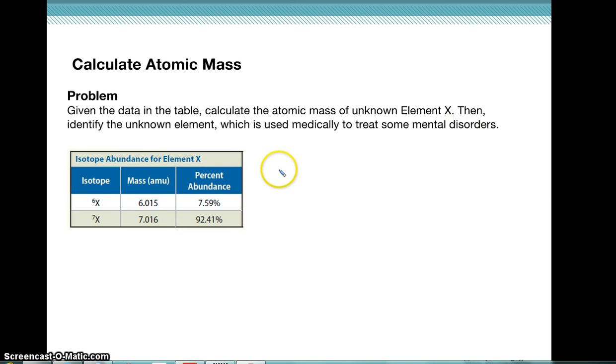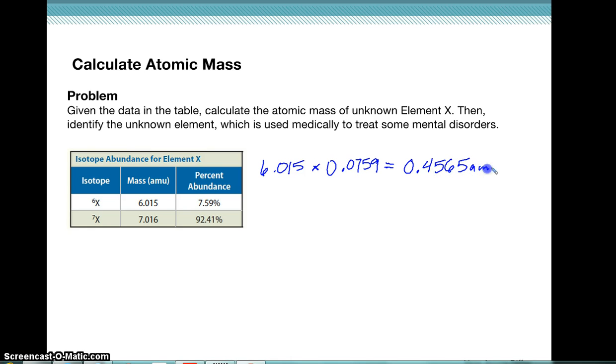Okay, so for each isotope, we're going to start with element X isotope with a mass number of 6. We're going to multiply the mass, so 6.015 times the percent abundance, and remember we want to put it into a decimal, so 0.0759. And when we multiply those two numbers together, we get 0.4565 AMU.